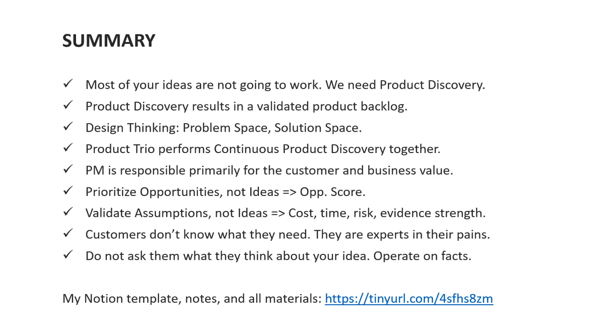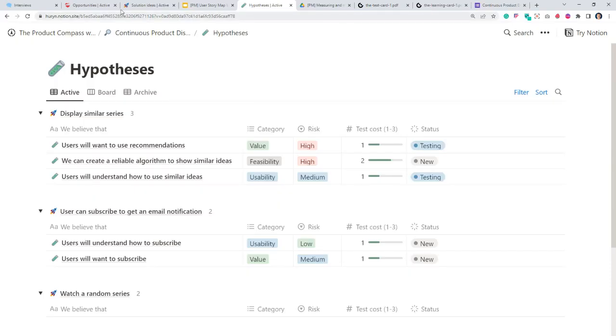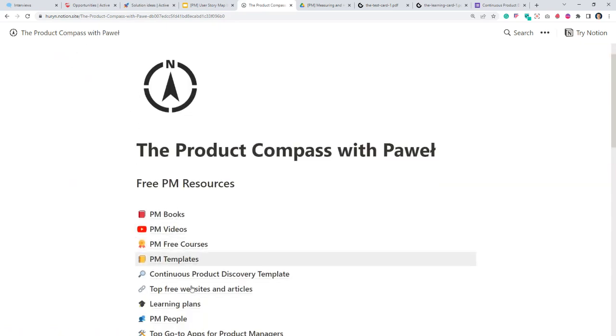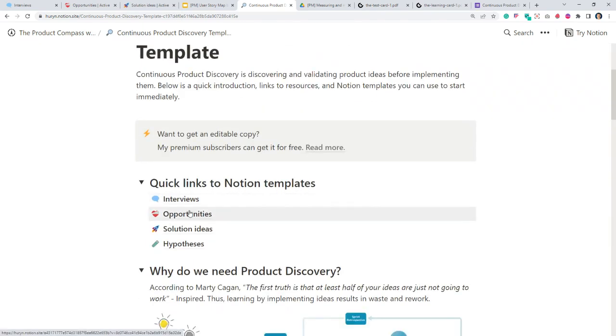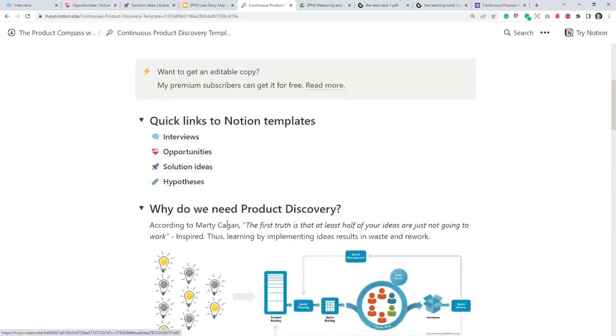My Notion template, I already told you that the Notion template is available in the resources, and there are also additional links and materials. This is a read-only version, but in the full version, you will have some additional tips, like links to interviews, opportunities, solution ideas, hypotheses.